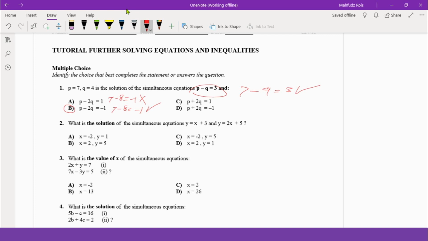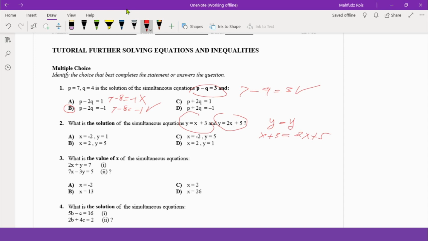Okay, so if we solve by using substitution or elimination, we can see here y equals y, right? So to find x, it's x plus 3 equals 2x plus 5, right?